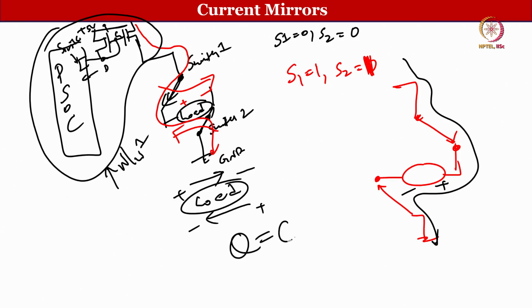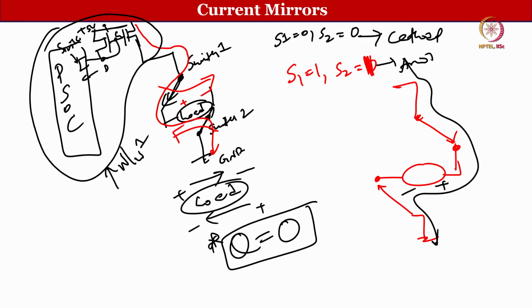So, there is a very high chance, at least from the electrical point of view, there are other issues also involved in this, but at least from the electrical point of view, the charge that is delivered during the cathodal and anodal pulse generation, this is cathodal, let us say this is anodal, whatever it is, okay. Since the same network is generating both cathodal as well as anodal, there is a very high chance that the charge neutrality will be maintained. That is very much important.